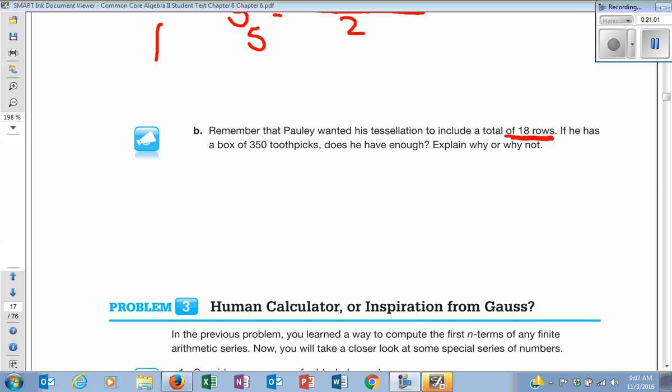He needed 38 toothpicks. So go ahead and do that for homework. See if he only has 350 toothpicks, if he's got enough. Remember, when you do the summation, if it takes more than that, then no, he doesn't have enough. If it takes less than that, then he's got enough toothpicks. Okay, so you should be able to finish those two from homework.